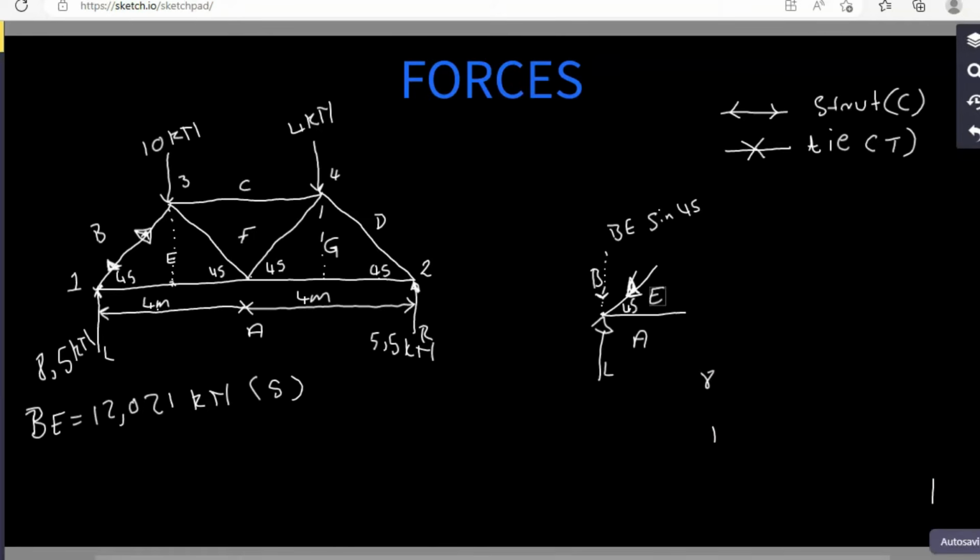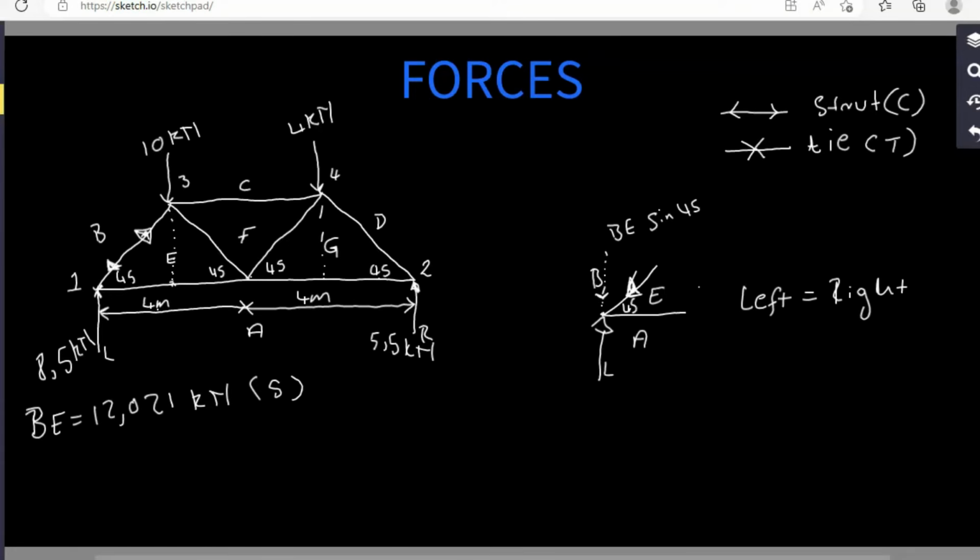Now, since we are looking for AE, we are going to say forces to the left are equal to forces to the right. We have a component of BE, which will be the horizontal component.